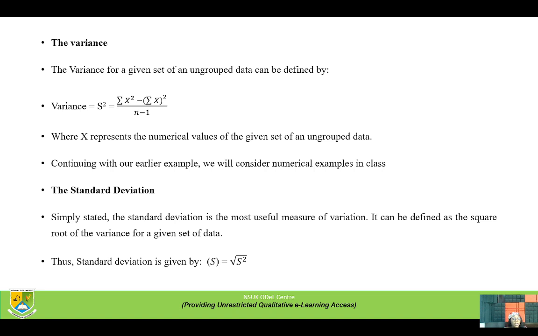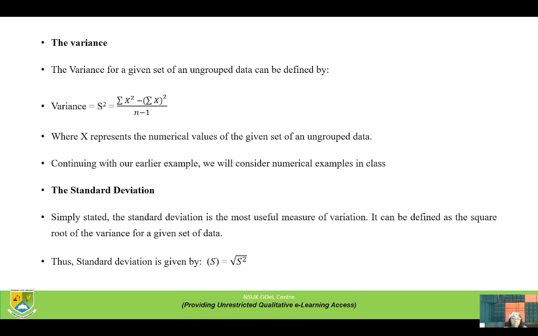The standard deviation. The standard deviation is the most useful measure of dispersion, of variation. It can be defined as the square root of the variance for a given set of data. So it means when you know your variance, you automatically know your standard deviation.